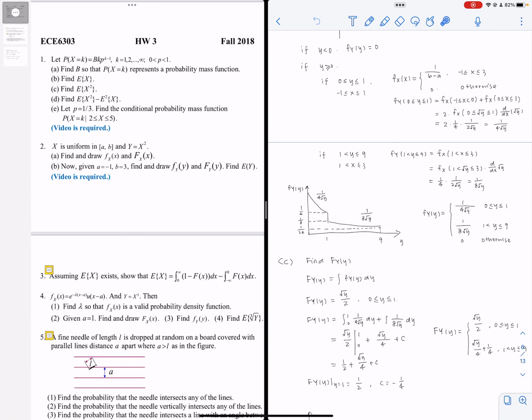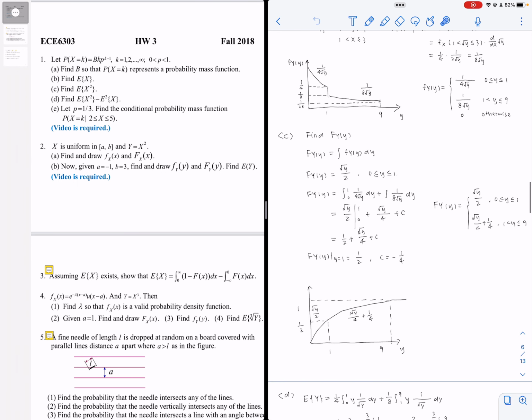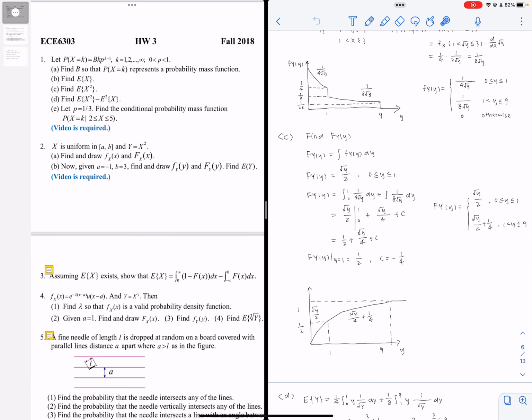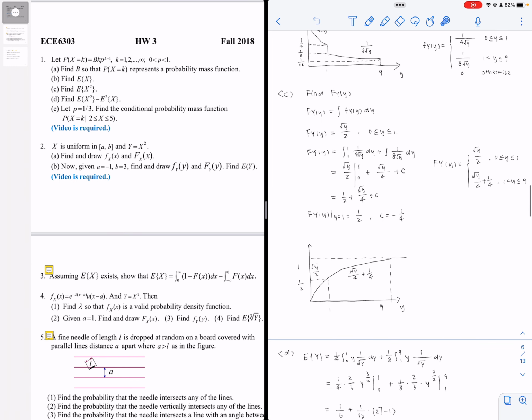And then we're also asked to find the cumulative probability of y. So pretty much we need to integrate this probability density function in terms of y, and then we have this. And we need to also find c, which is a constant. So the transition point, from the left of 1 and from the right of 1, they need to eventually meet at the same value here, which is a half.